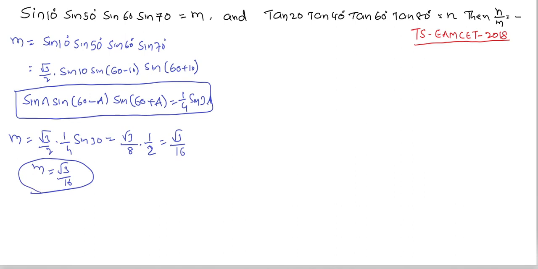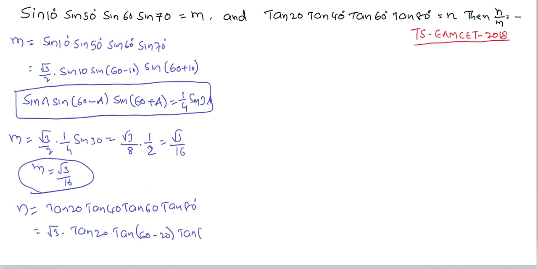And n is given as tan 20 degree into tan 40 degree into tan 60 degree into tan 80 degree. Here tan 60 is root 3. That is root 3 into tan 20 into tan 40, where tan 40 is written as tan 60 minus 20 and tan 80 is tan 60 plus 20. We know the formula tan A into tan of 60 minus A into tan of 60 plus A is equal to tan 3A.